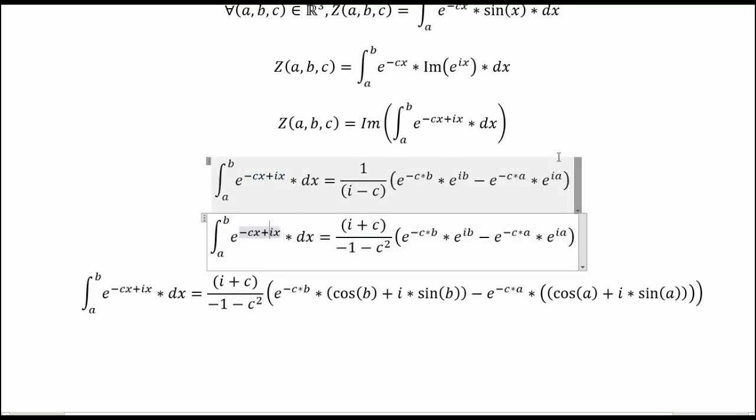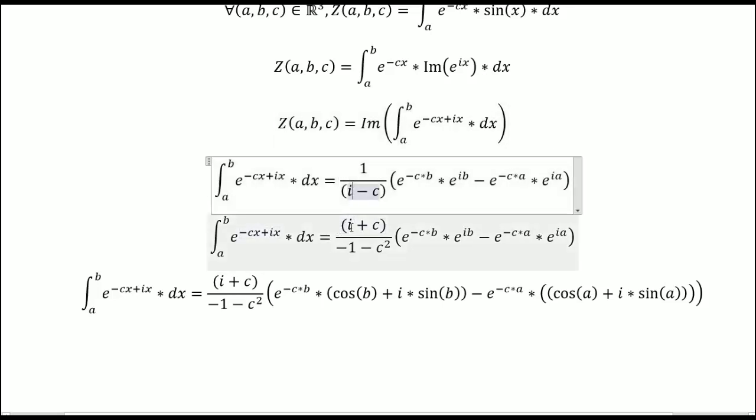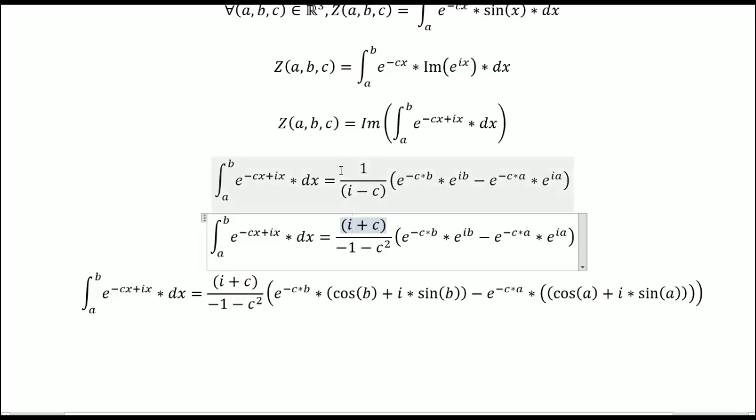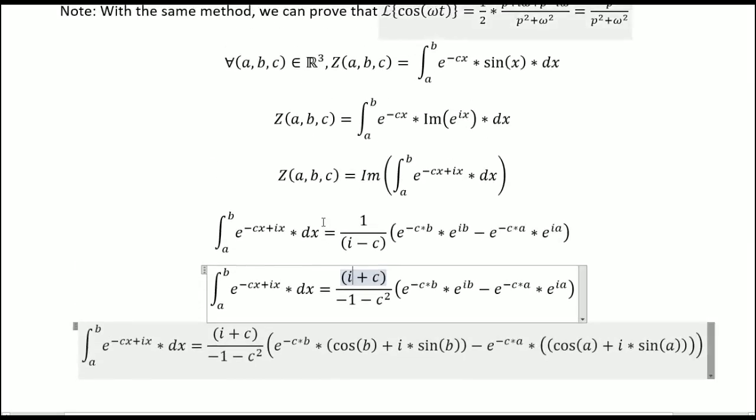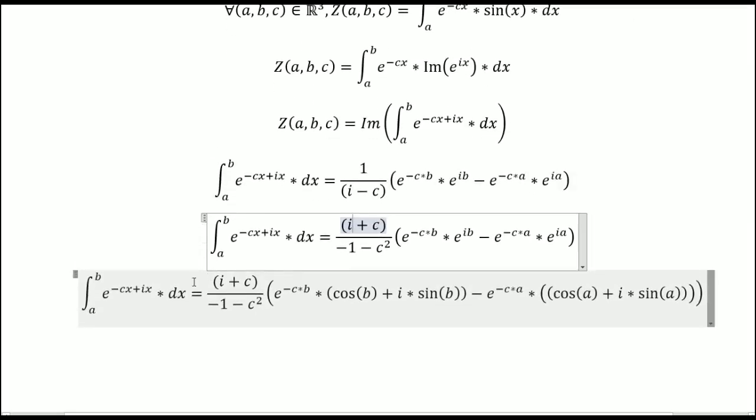It's still the same integral, but I multiply by the conjugate that is i plus c, and we get this expression.